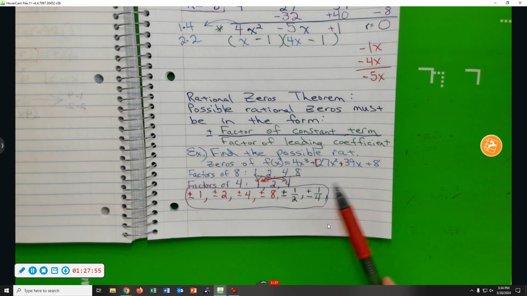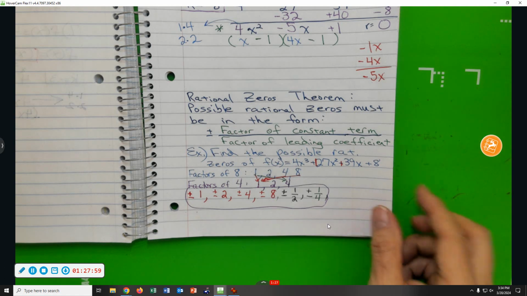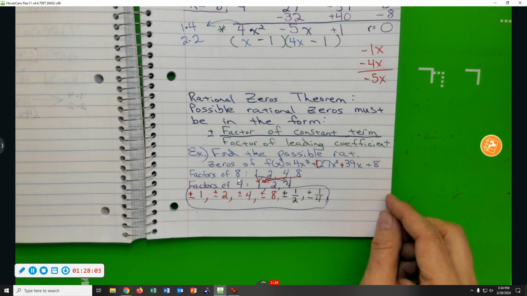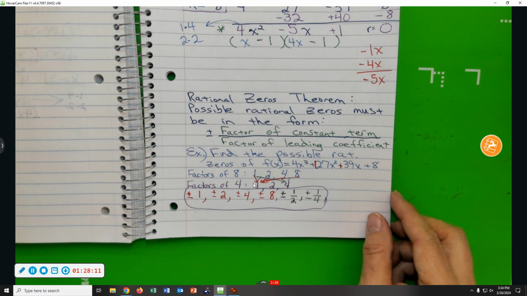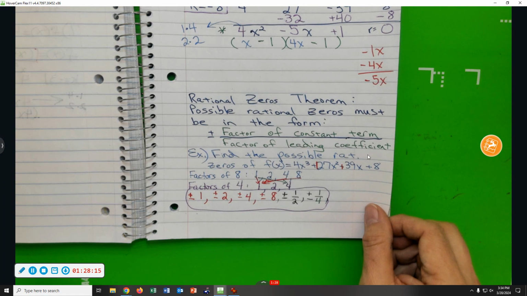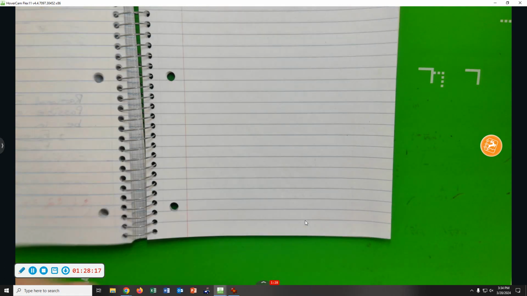It doesn't matter when listing the possible rational zeros. I've seen students mess up because instead of doing the constant first, they write factors of the leading coefficient first. It's the constant over the leading coefficient. So I always do the constant term first.